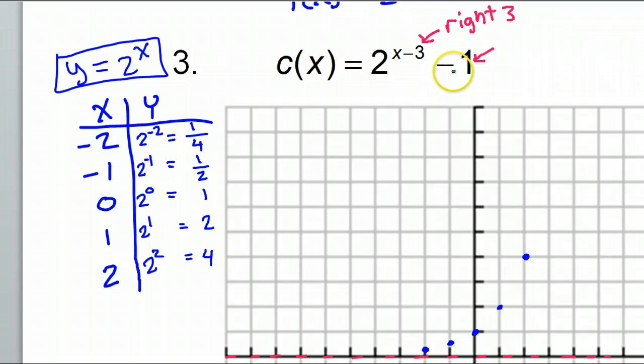And having this minus 1 on the end, a number added or subtracted on the end is a shift up or down. And it works just like you would think. A negative 1 will be a shift down 1. So compared to the parent function, this function, function c, would be to the right 3 and down 1 from there.